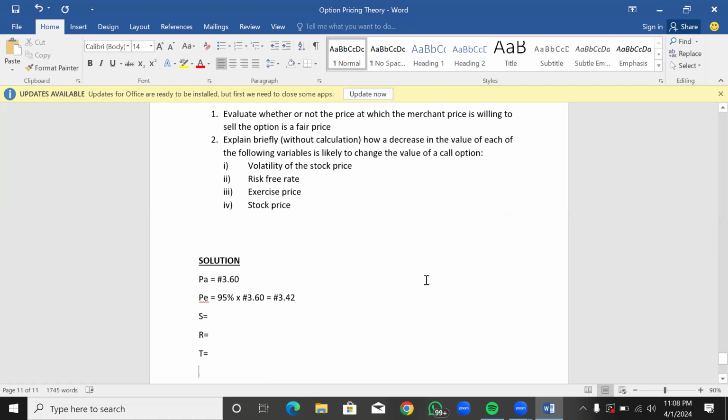So moving on. What's my standard deviation? 13%. It's in the question. So it should be in decimal. What's my risk free rate? 4%.